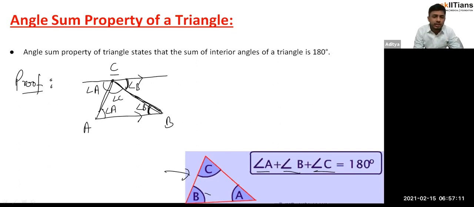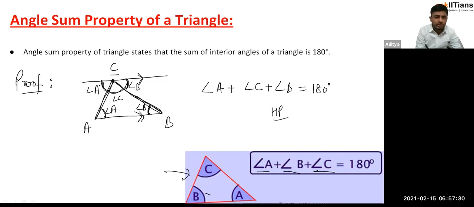Similarly, here this was acting as the transversal and these two alternate interior angles will be equal because these two lines are parallel. Now, since these three angles lie on a straight line, the sum of all these angles will give us 180 degrees, hence proved. So the sum of these angles will give us 180 degrees.